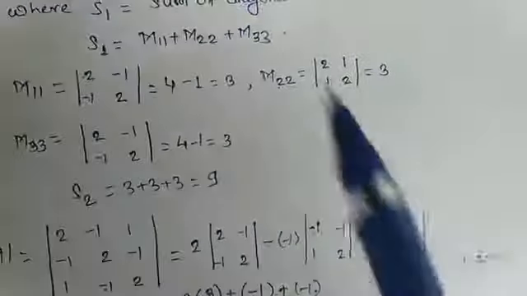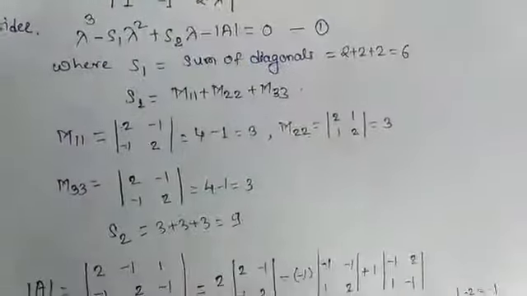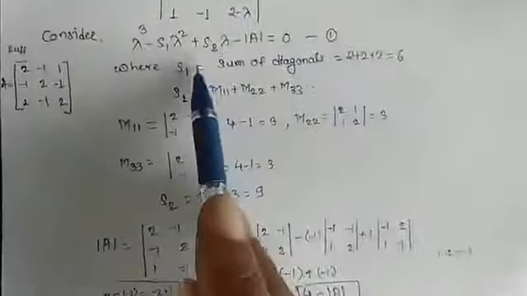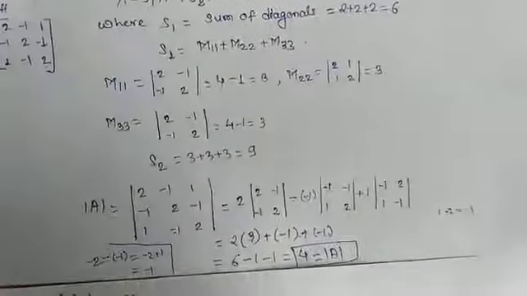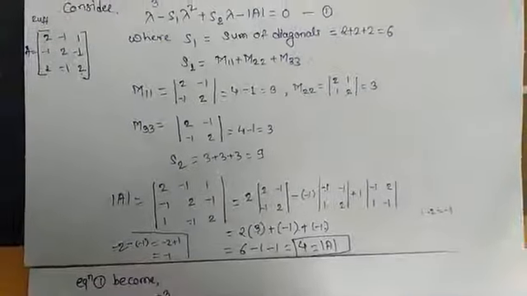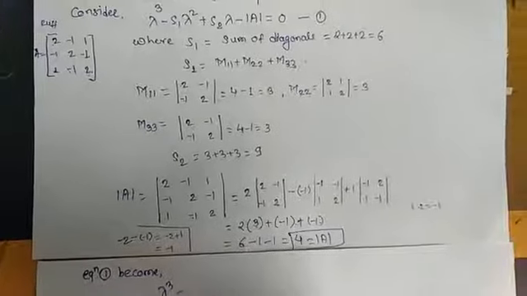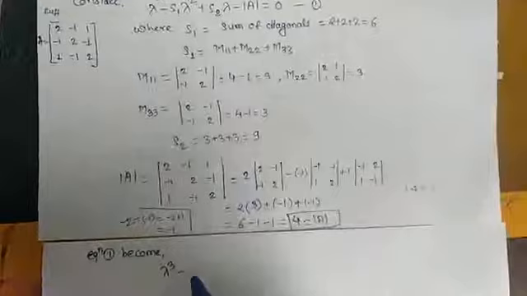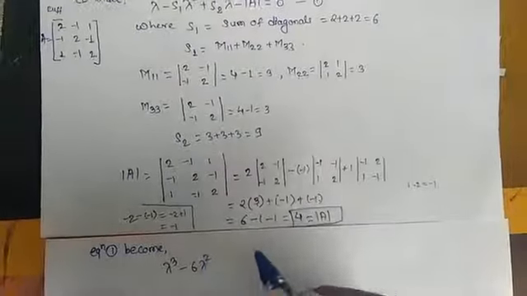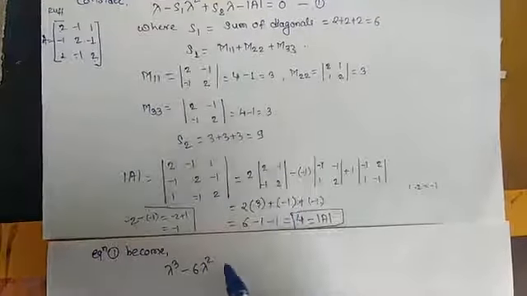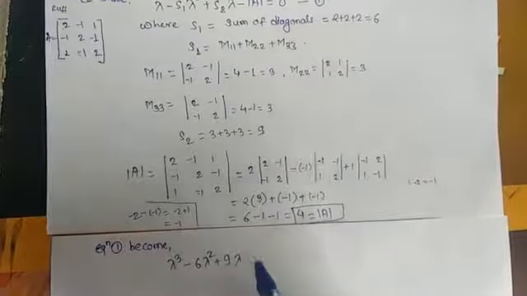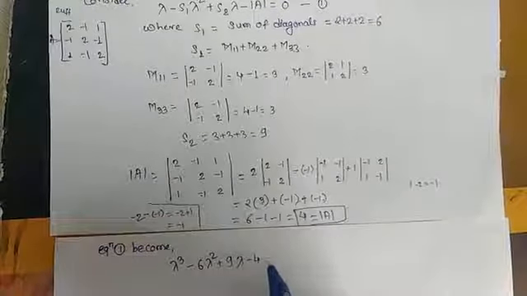Okay, so our characteristic equation will become, here we write equation 1. We put all values in equation 1. S1 is 6, so first it is lambda cube minus S1 lambda square, so S1 is equal to 6, so 6 lambda square, S2 value is 9, plus 9 lambda, and minus determinant of A, which is 4, minus 4 equal to 0.